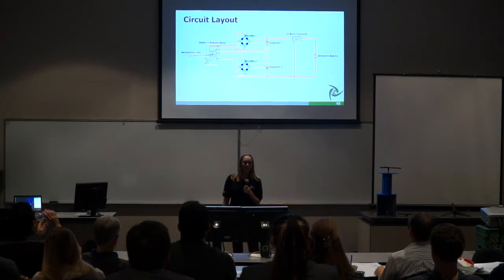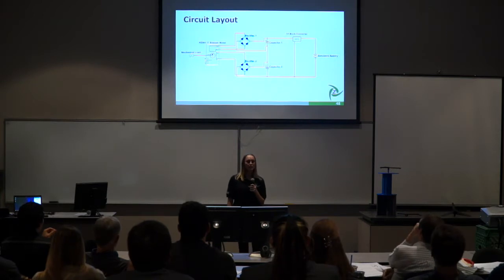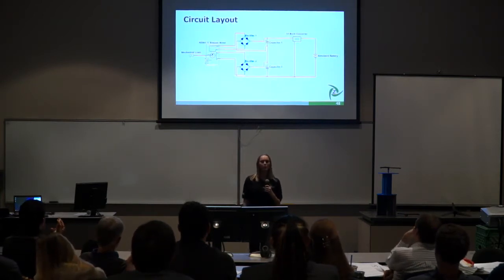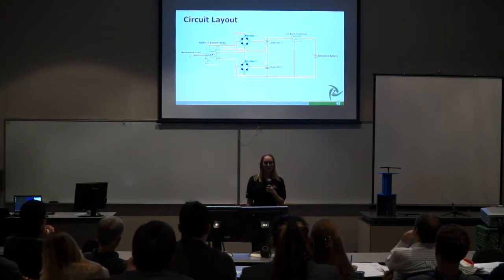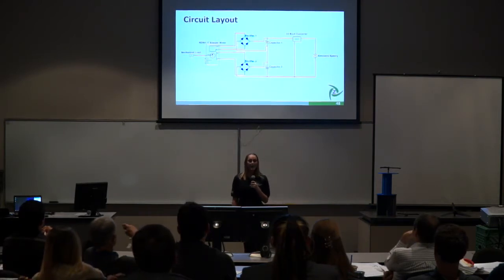This is the circuit layout. From the mechanical load, the motor will start turning, producing 2 AC currents. The AC currents are run through 2 full-bridge rectifiers. These rectifiers convert the AC current into DC current. The 2 signals are run through a series of capacitors.